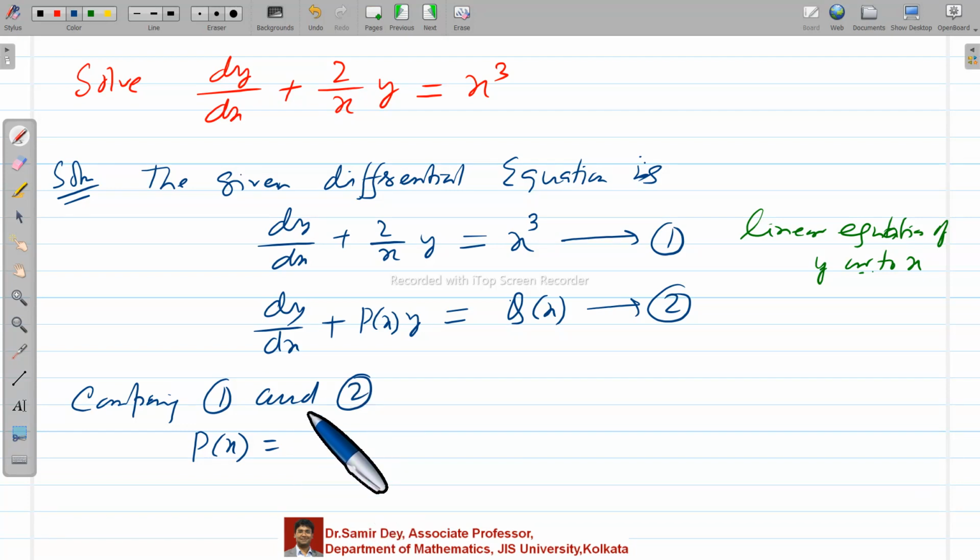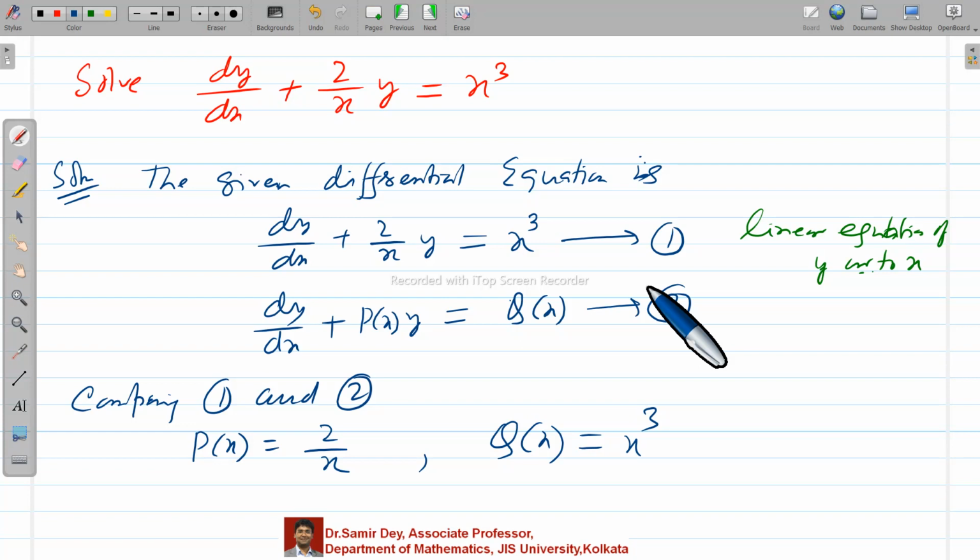Anyone, what is P(x)? P(x) equals 2x. What is Q(x)? Q(x) is equal to x^3. So the first step is all about the comparison. Then you have to identify P(x) and Q(x). Is it clear to all of you?